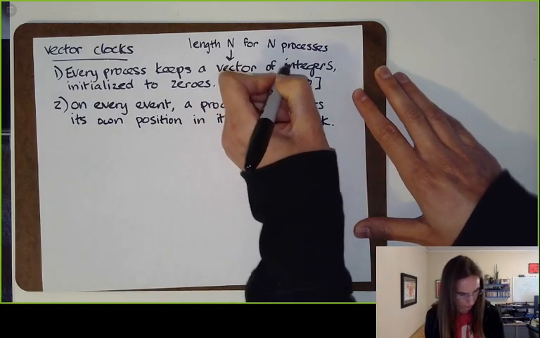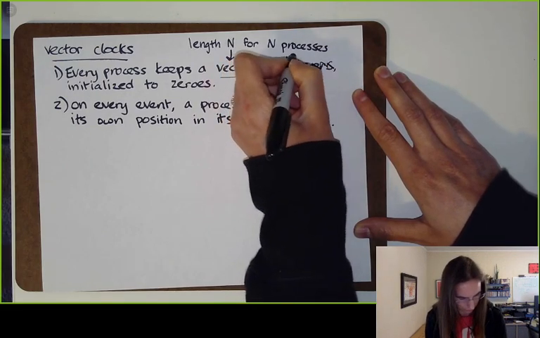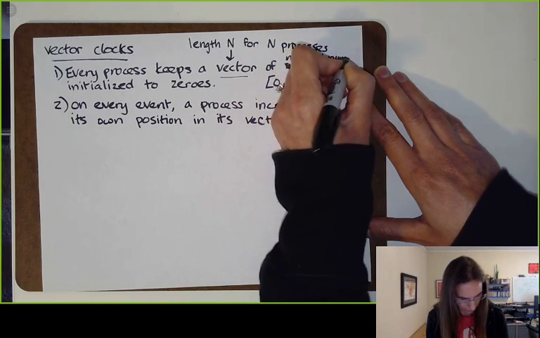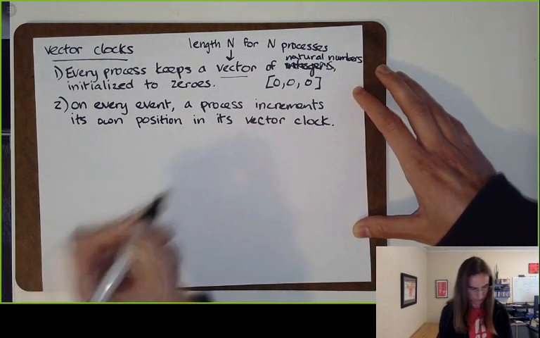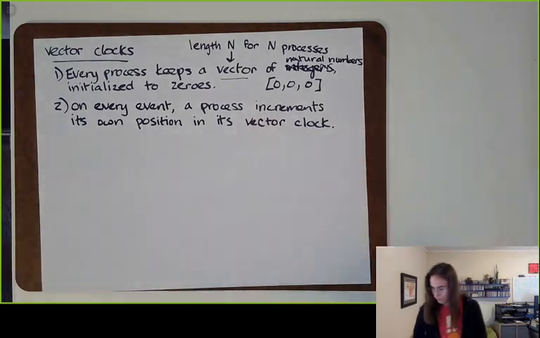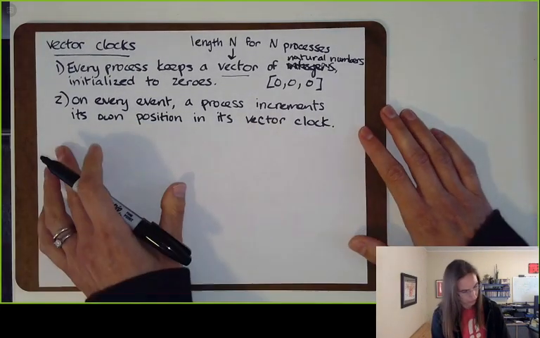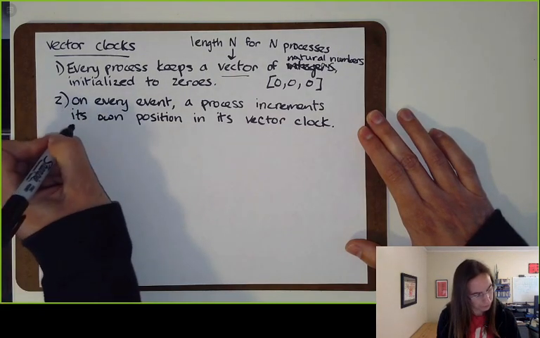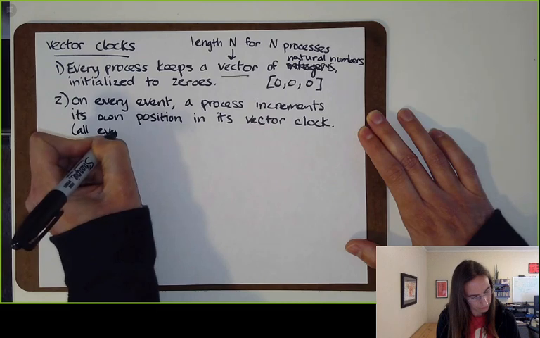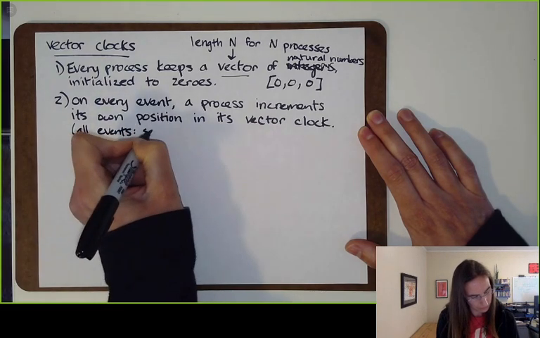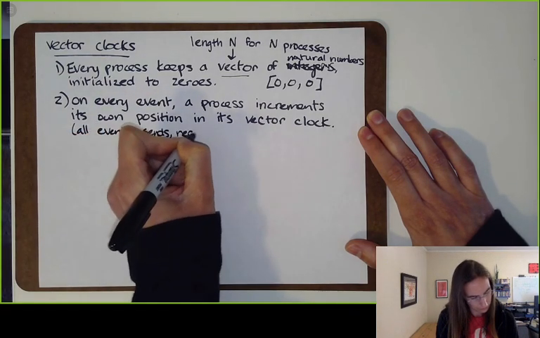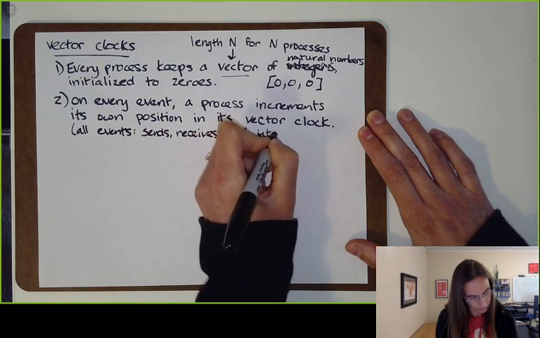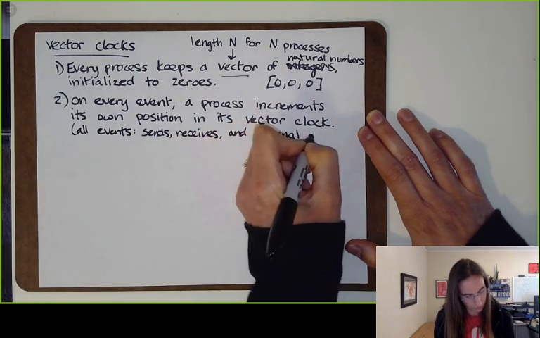I wrote integers here, but they could really just be natural numbers. They're never going to go negative. By the way, when I say on every event, this includes internal events as well as sends and receives. So all events: sends, receives, and internal events.